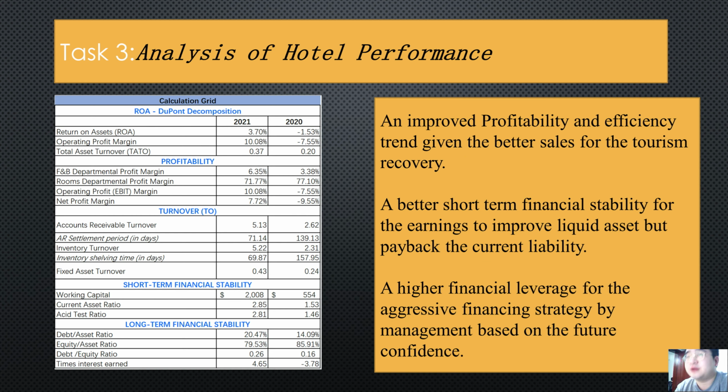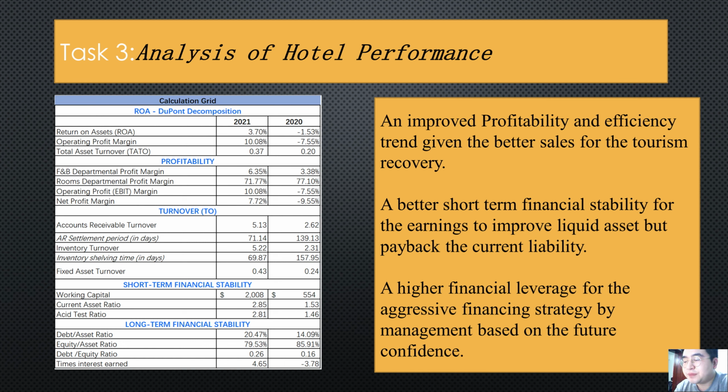So let's talk about task 3. In this task, we will use ratio analysis to evaluate the financial performance and position for the assigned hotel property, the Four Points by Sheraton Singapore. In the hotel business, people commonly use some ratios and metrics to assess business performance.